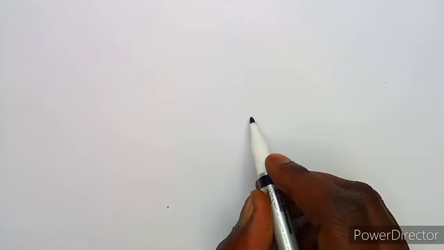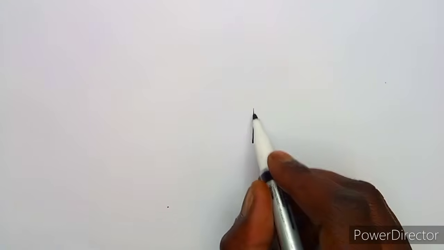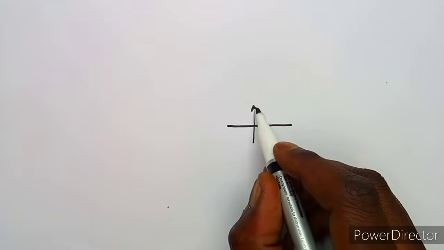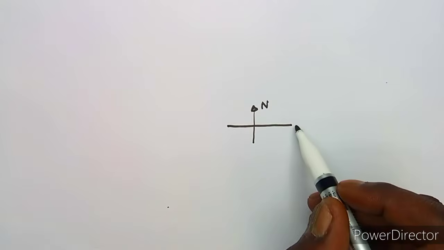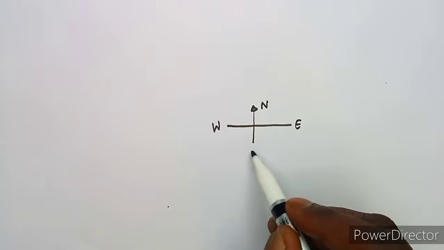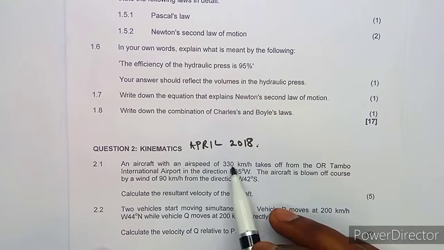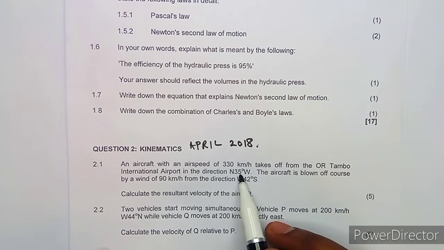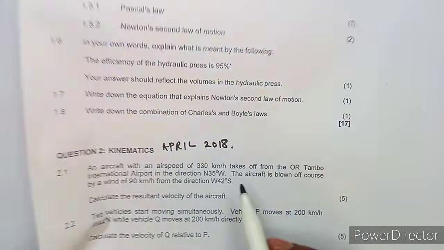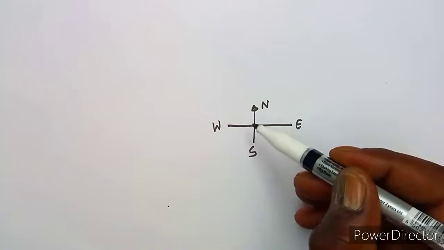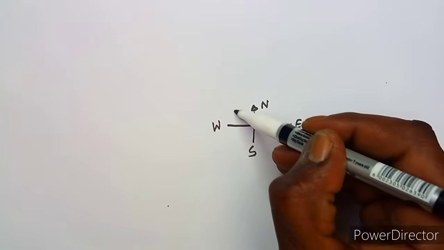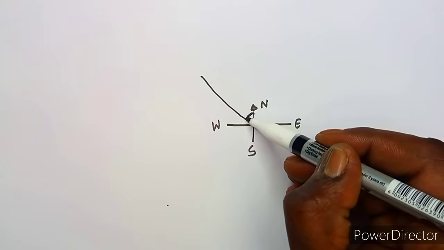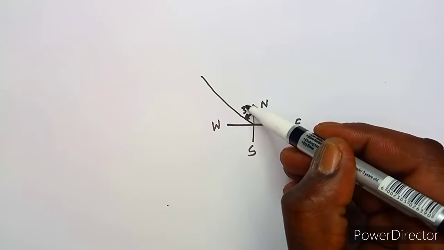This is where we have our aeroplane. That's your north, your east, your west and your south. This aeroplane is going with a speed of 330, north 35 degrees west, which means north going to the west. Somewhere in between here is where we are talking of 35 degrees.